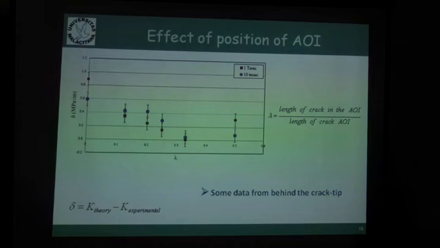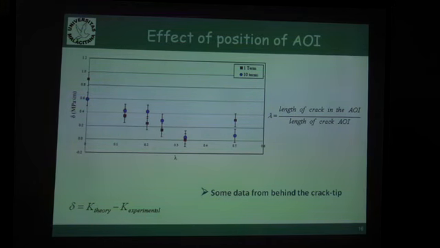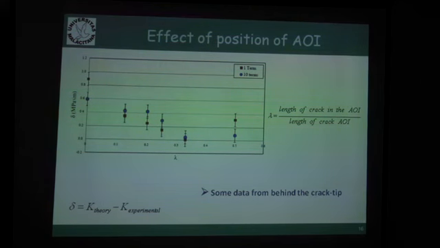So this means that the best predictions for this case are obtained collecting data not only from ahead of the crack tip, but also from behind, whereas in some works you see data collected only ahead of the crack. If we use image correlation, according to this result, it looks like it's better to include some data from behind the crack tip, probably due to a better signal to noise ratio behind the crack tip.